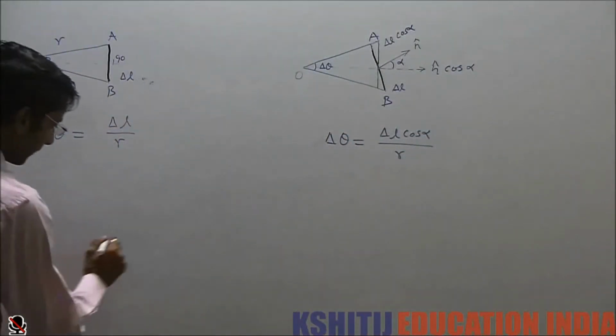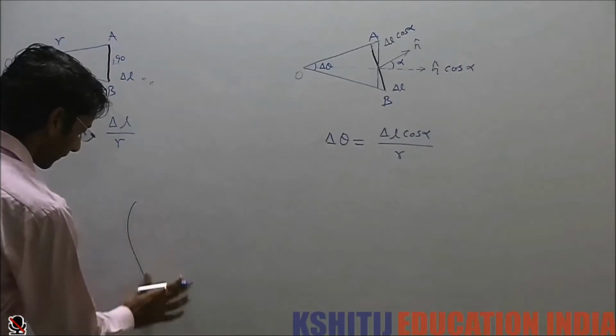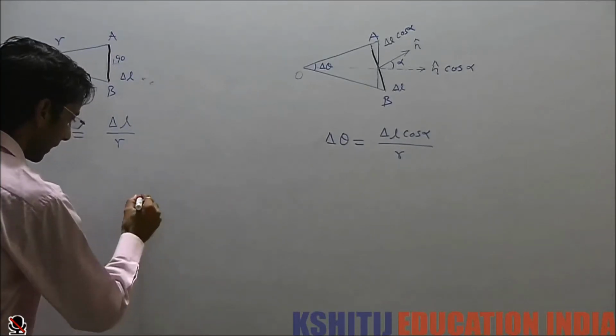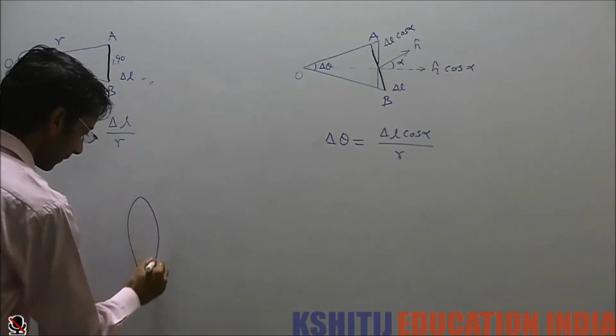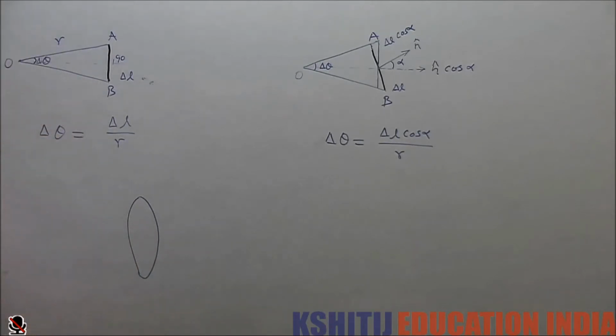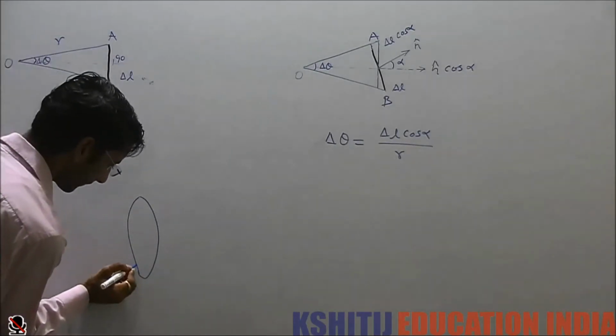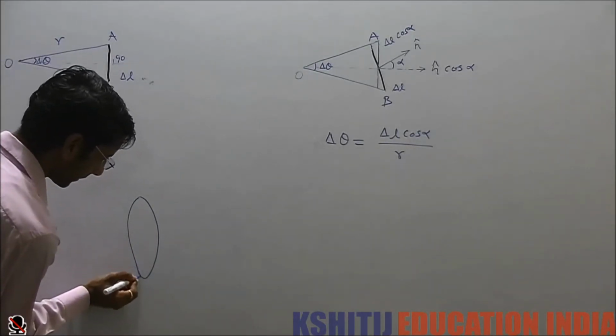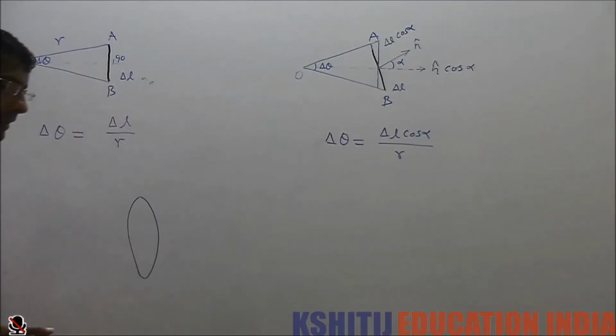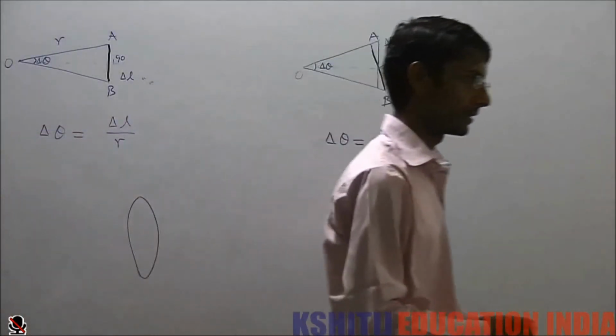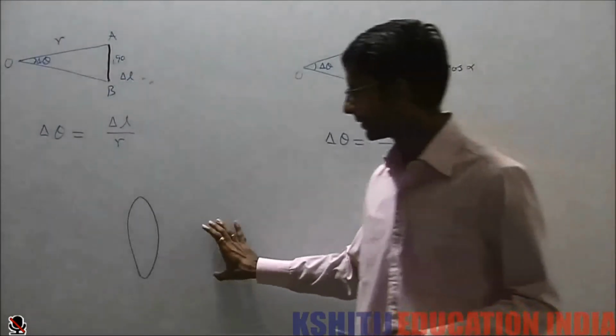So if we say that we have this as a surface, you can say a circular ring or circular surface.